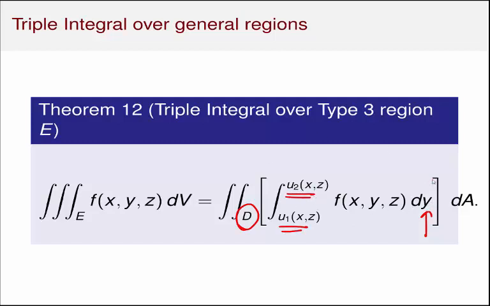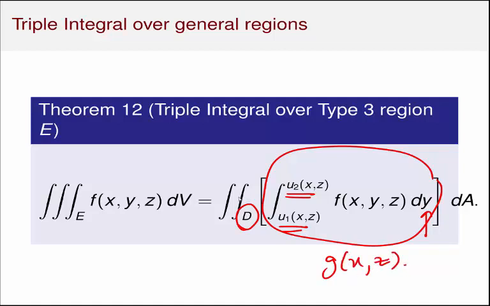Now, after evaluating the inner integral, the variable y will disappear, resulting in a function of x and z only. And let's suppose this function is given by g of xz. Then the double integral makes sense because it's a double integral of some function of xz over a region D which is on the xz plane. And so the final answer will be given by this double integral over the region D.